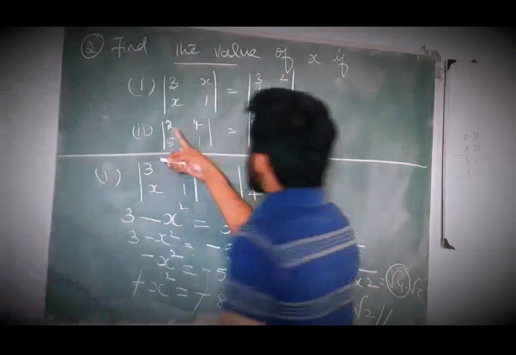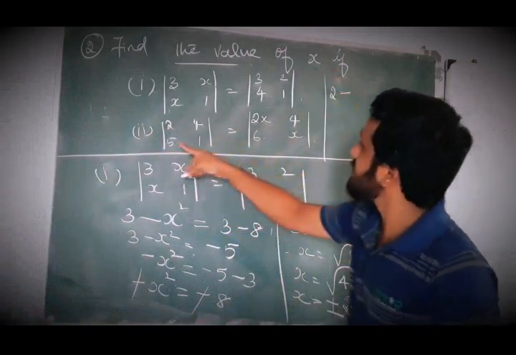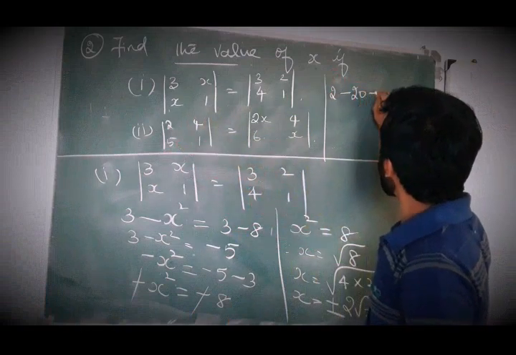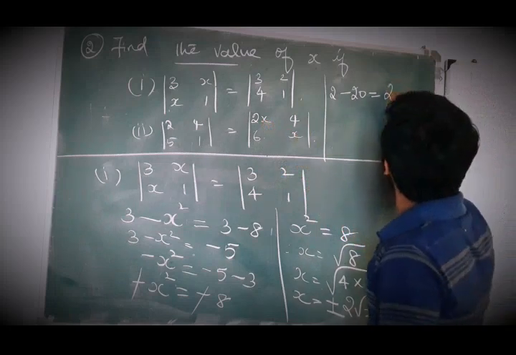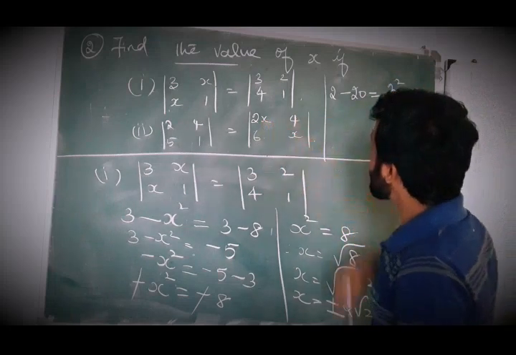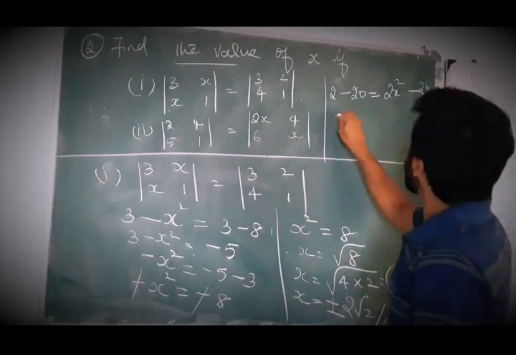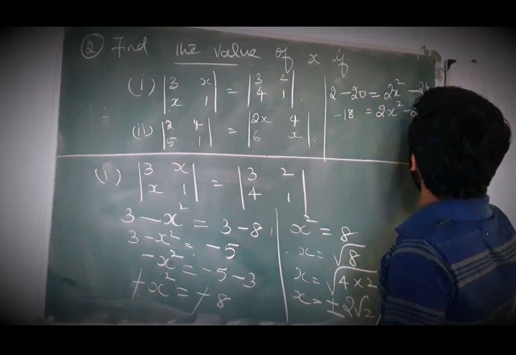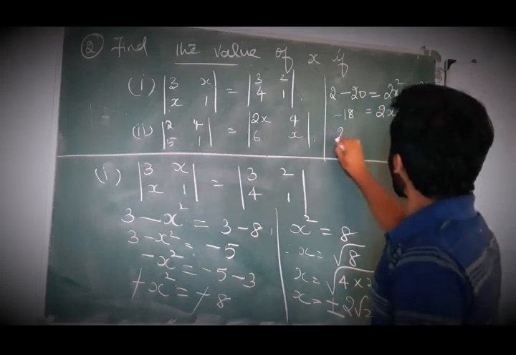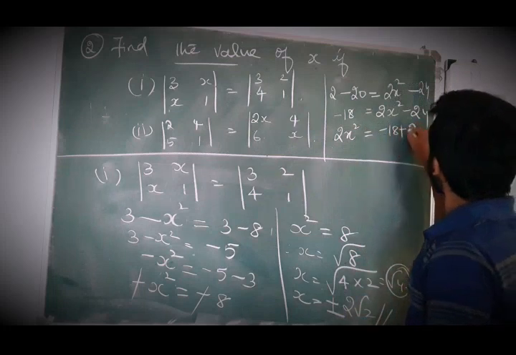Now, the second one is determinant of 2, 1; and so on. Listen here. 2 ones are 2 minus 5 4s are 20, is equal to 2x into x, 2x square, minus 6 4s are 24. So 2 minus 20, minus 18, is equal to 2x square minus 24. Now 2x square is equal to minus 18 plus 24.